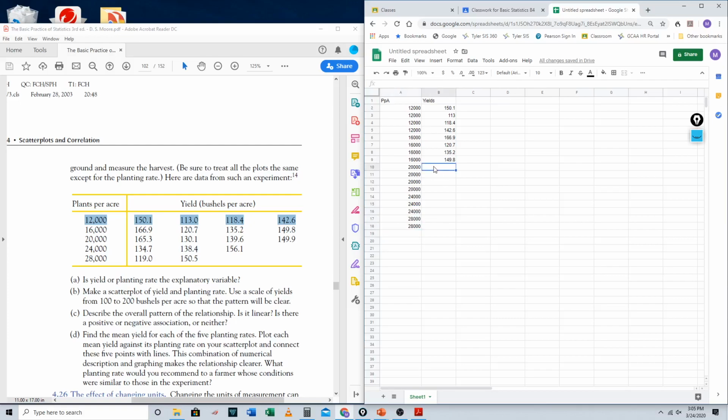So 20,000 was 165.3, 130.1, 139.6, and 149.9. 24,000 was 134.7, 138.4, 156.1, and then 28,000, 119.0, and 150.5.